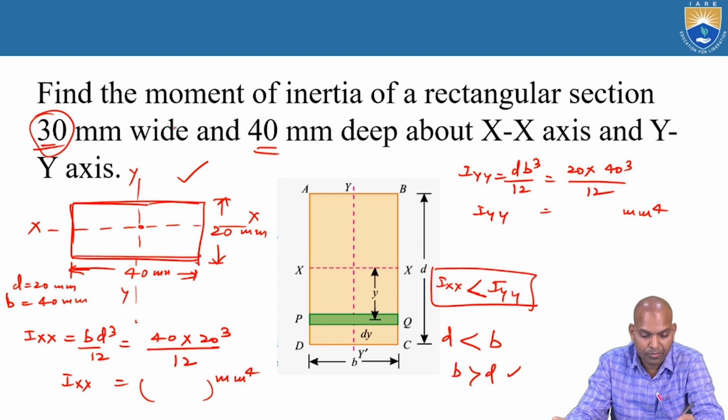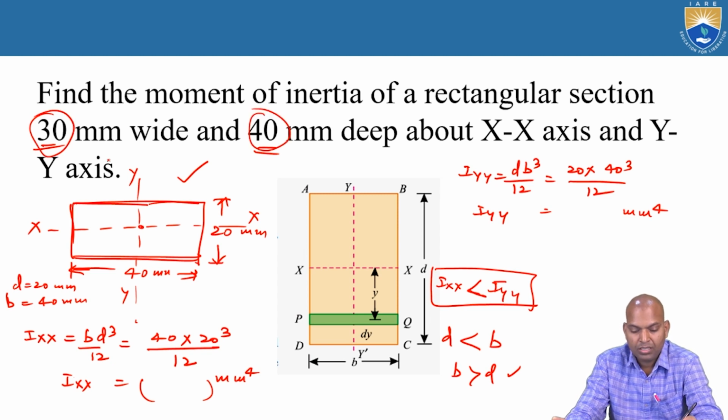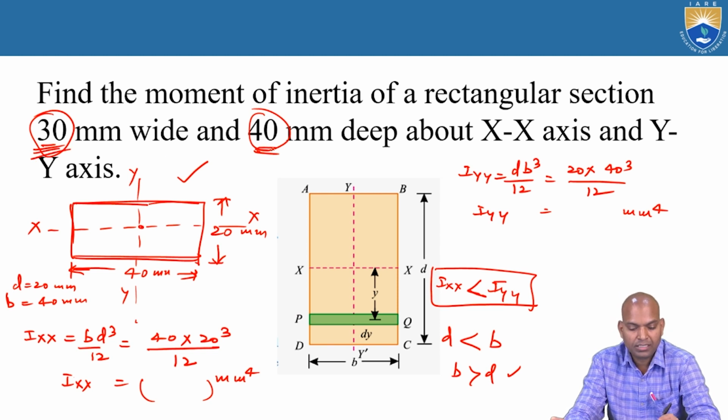Whereas if we consider the problem of 30 and 40 millimeters, with 40 millimeters as the b cube term, in this case study we find Ix and Iy.